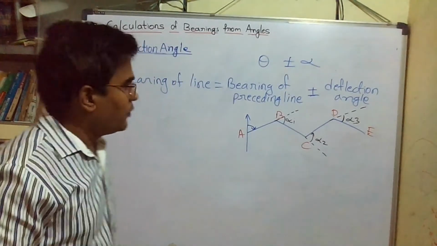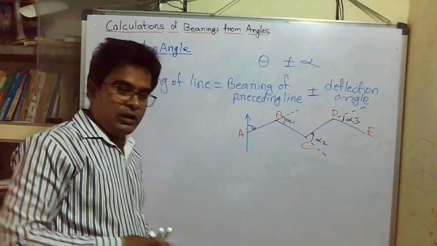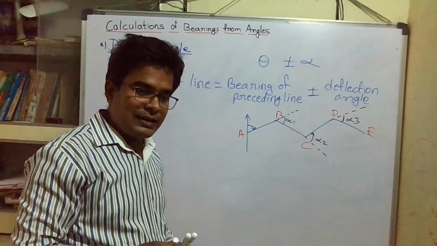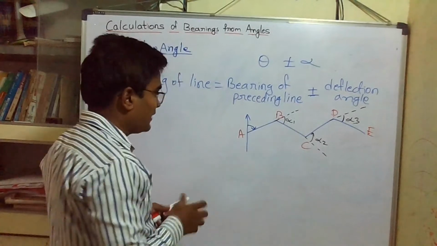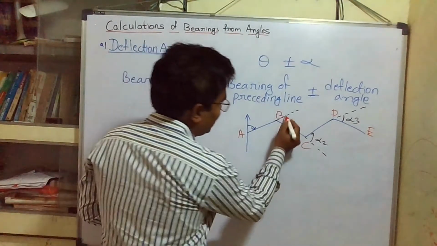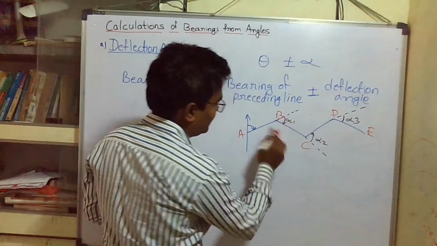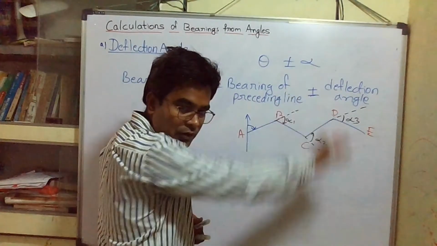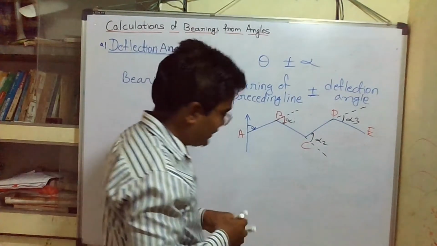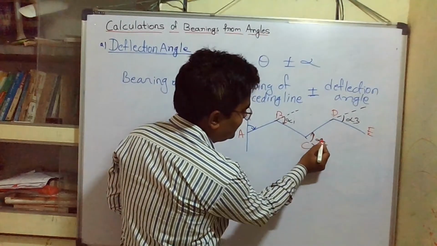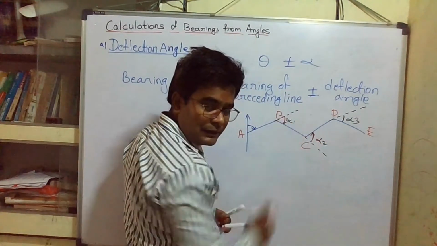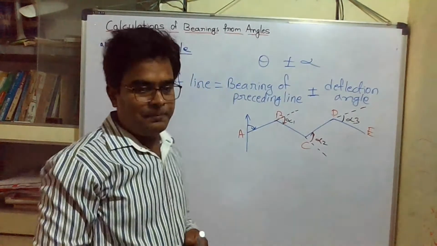Where to use plus? When there is a right hand side deflection, we will add that angle, and if there is a left hand deflection, then we will subtract that angle. Here you can see the deflection is along the right hand side. Here you can see this is the line and the deflection is along the left hand side, so we will subtract this angle.